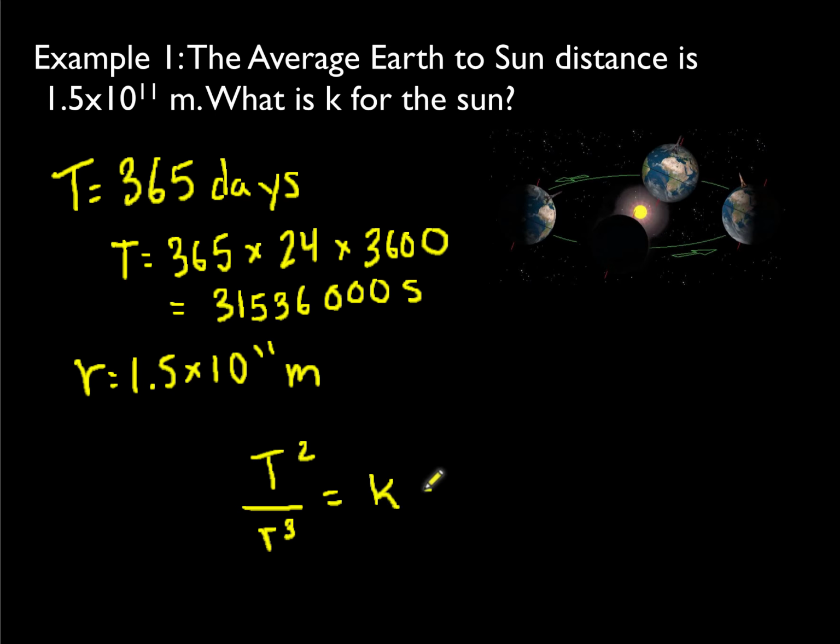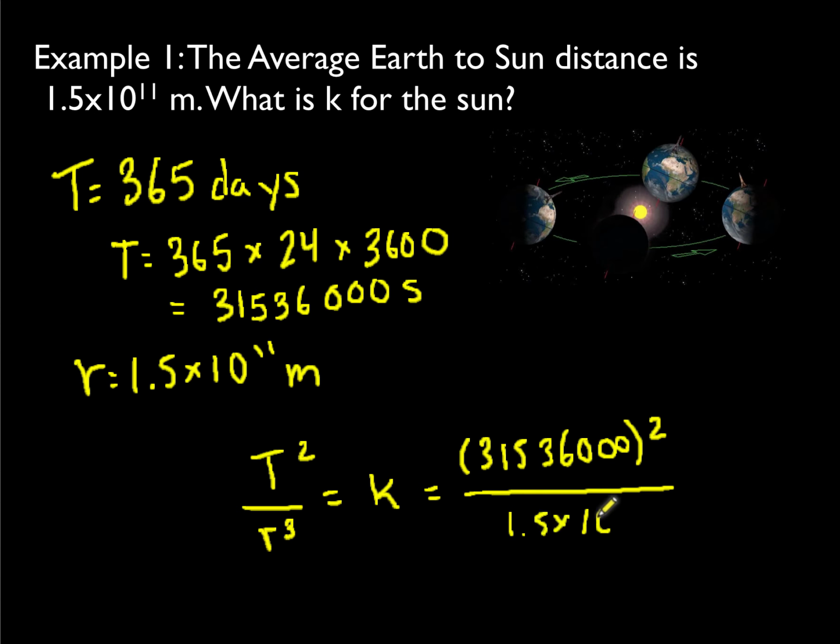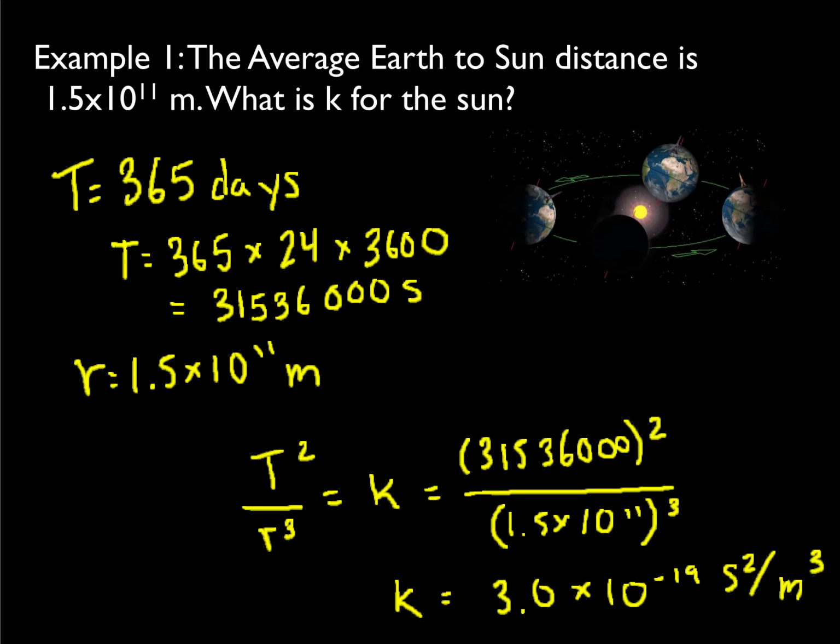equals 315,360,000 squared divided by 1.5 times 10 to the 11 cubed, which gives us a k for the Sun equal to 3.0 times 10 to the negative 19 seconds squared per meters cubed. This value will be the same for the Sun no matter what object we look at in orbit around it.